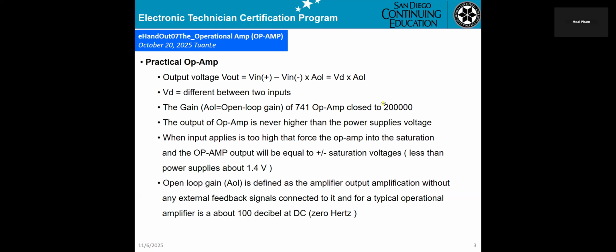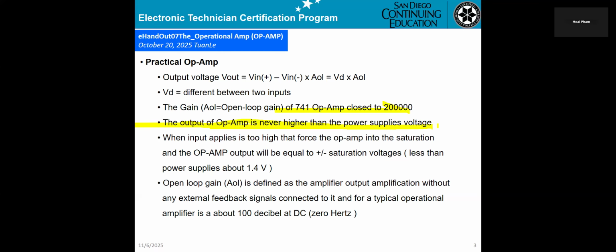See that? That's too big. The output of an op amp is never higher than the power supply voltage. That's very important. The gain they say is 200,000, so we don't want to work with circuitry where the gain is too big.